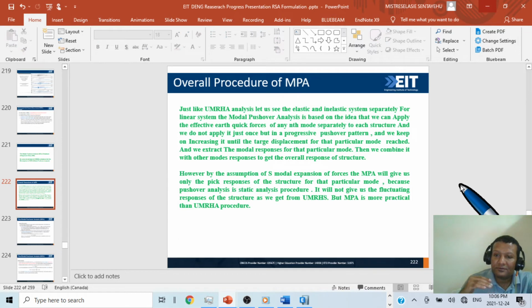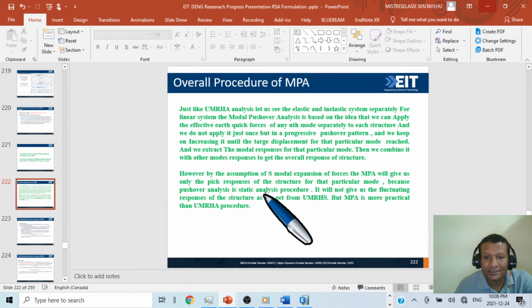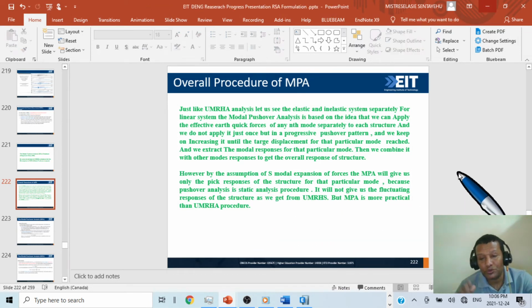Because pushover analysis is a static analysis procedure, we get only the peak. It is like nonlinear time history analysis. It is not like UMRHA, because in UMRHA we will find for each mode separately.